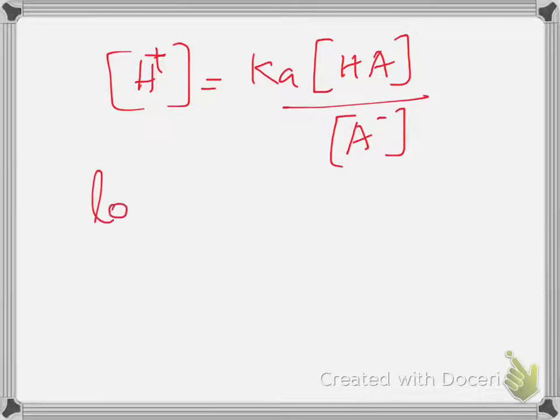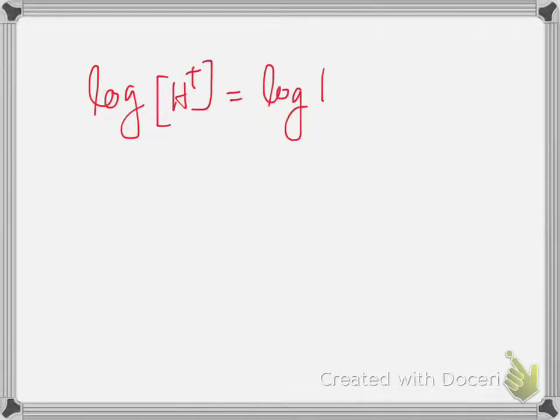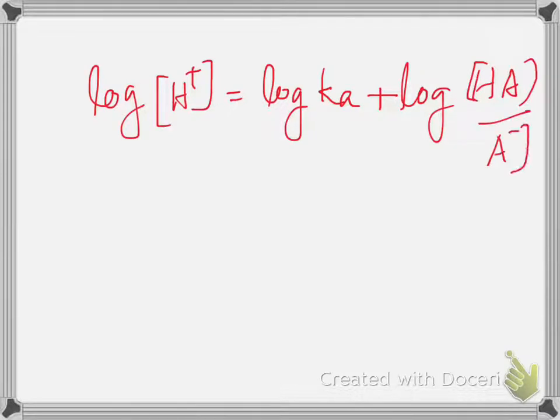So we get log H plus equals log Ka plus log HA by A minus.